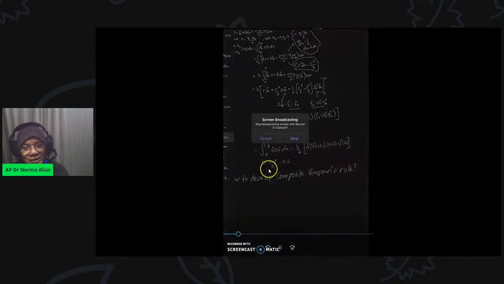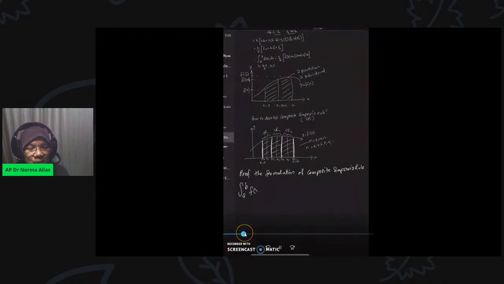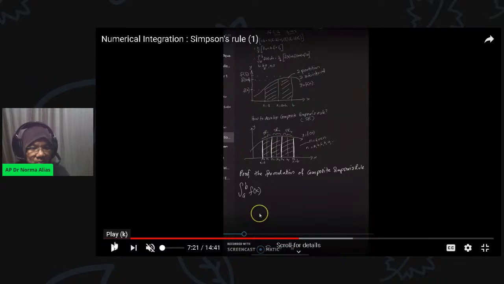So the question here: how to develop the composite Simpson's rule? Why do we need the composite Simpson's rule? This is one of the issues we want to answer.